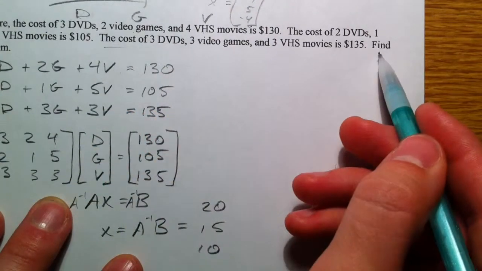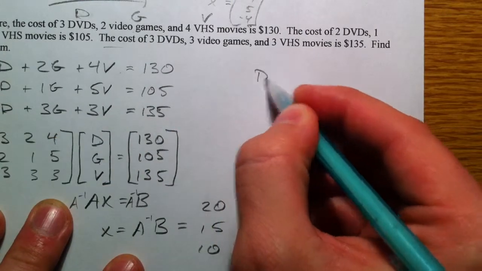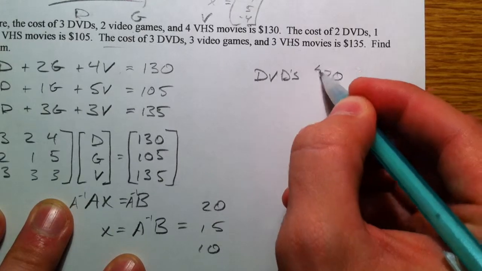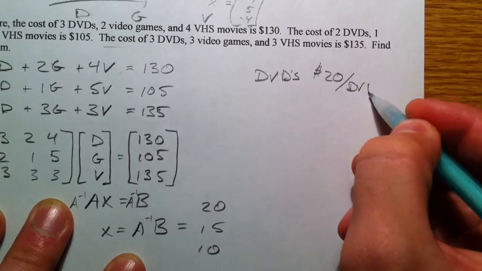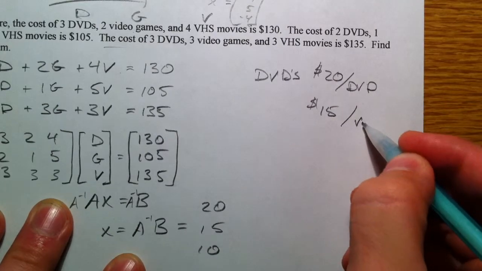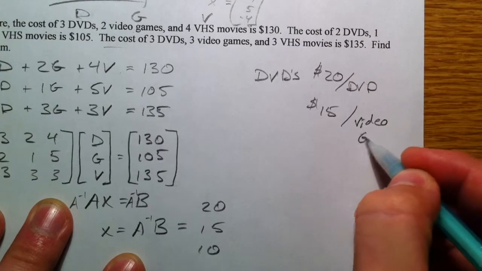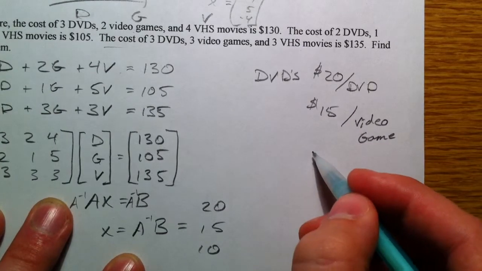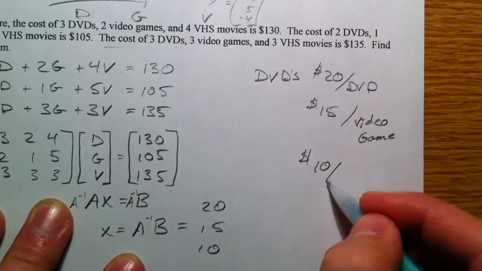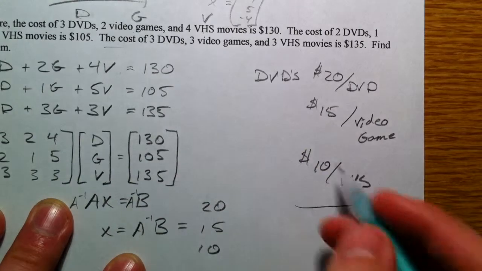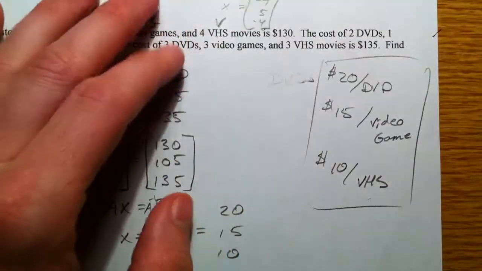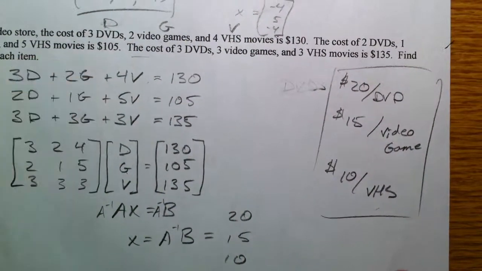Find the cost of each item. DVDs are $20 each, $15 per video game, and $10 per VHS. And there you have it. So half of the battle on the story problem is setting it up. Good luck.